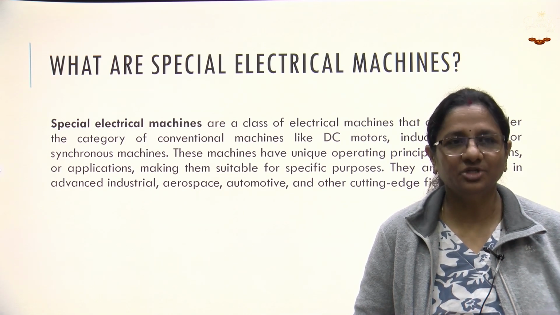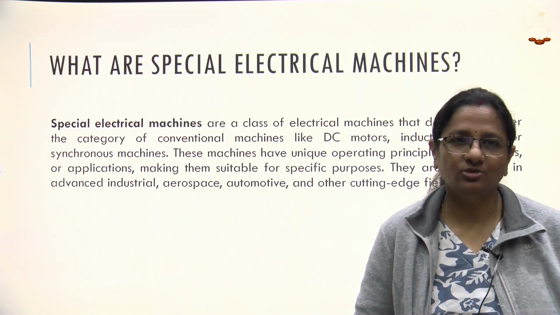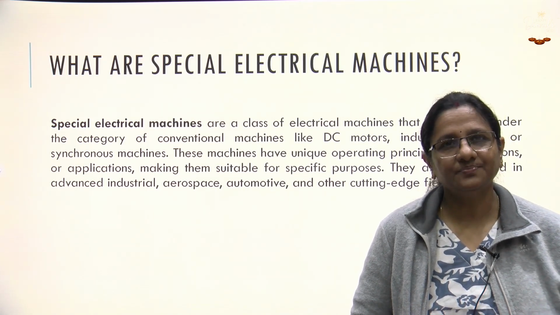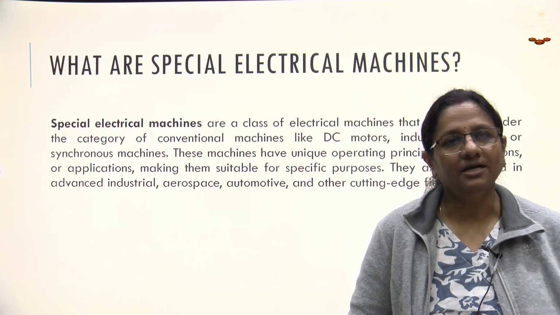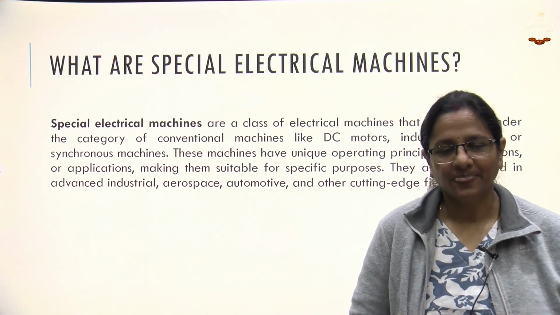Those single phase machines were largely single phase induction motor, and along with that the universal motor and repulsion motor. That was the content of the subject of machines that you have gone through earlier.